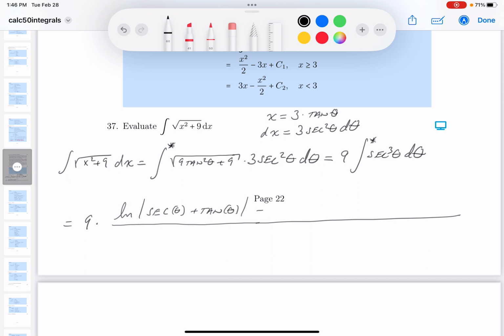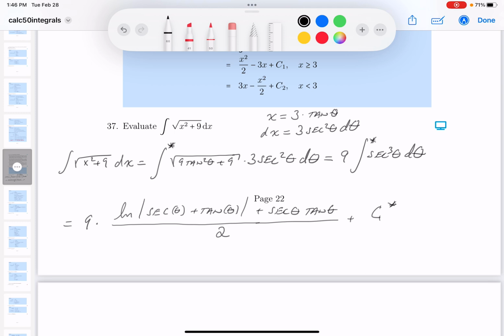Plus secant theta and tangent theta. Well, that's not so bad. I'm going to get my eraser out now. I'm a little too far with that fraction bar. Over 2. And this is going to be plus some constant of integration. So that's going to be C star.